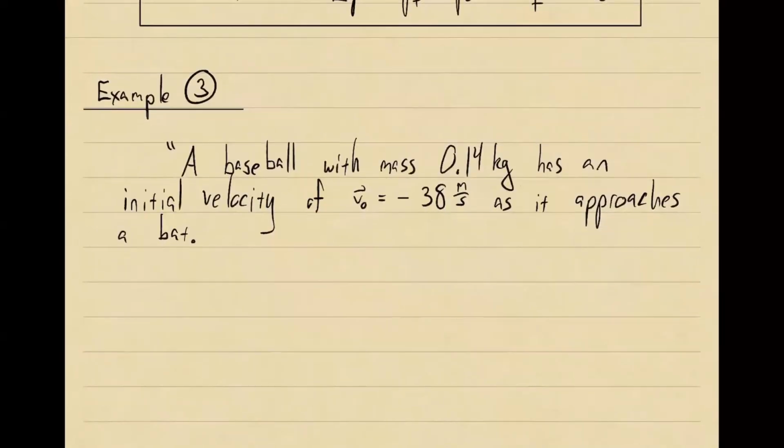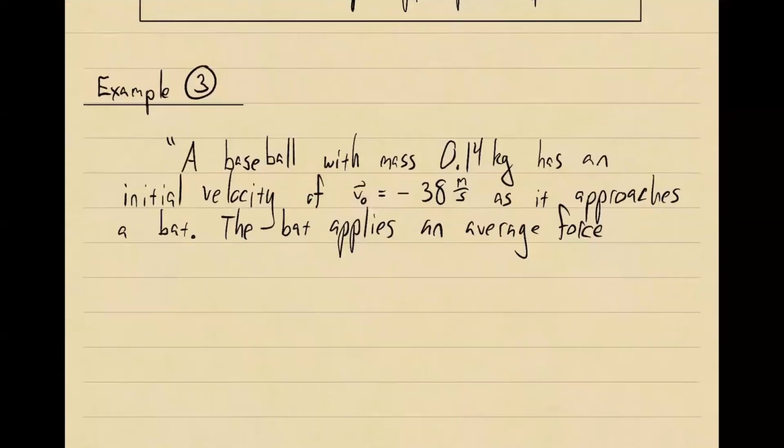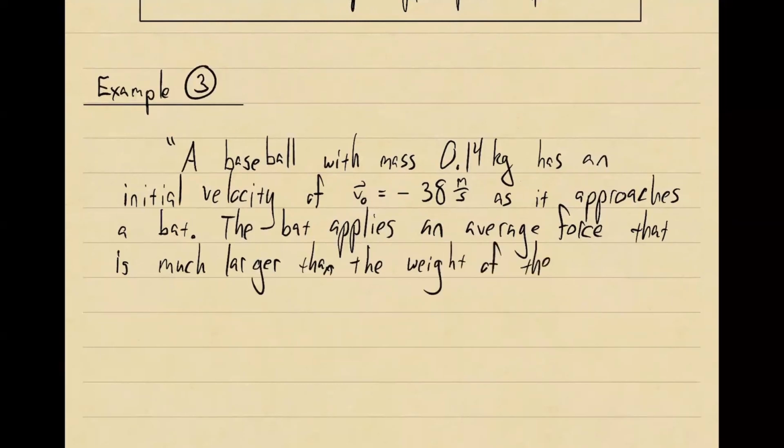So the bat applies an average force that is much larger than the weight of the ball. And I'll explain what that means at the end.